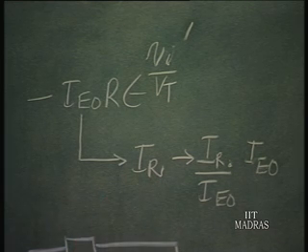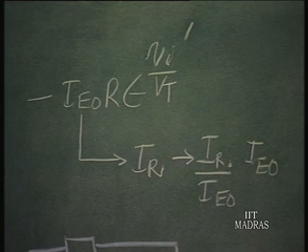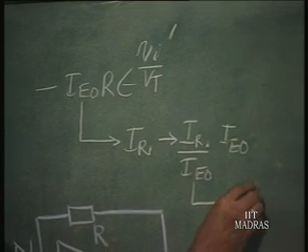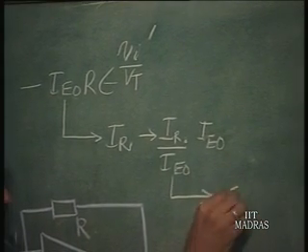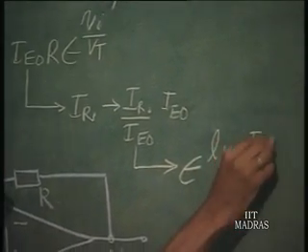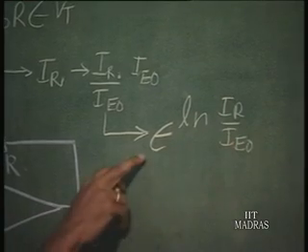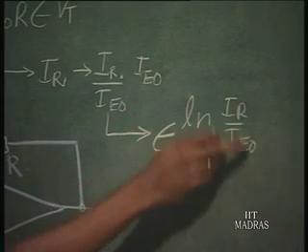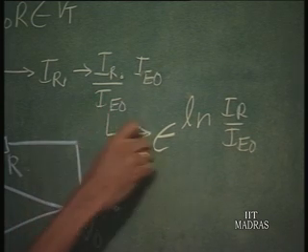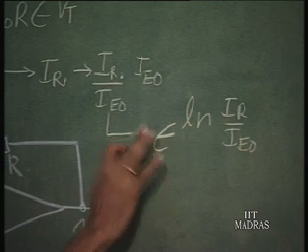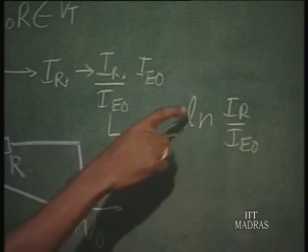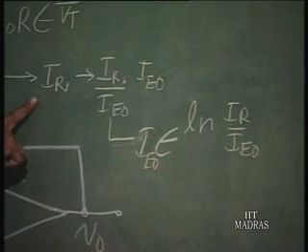So, how do I get IR by IE naught? That is possible if I have a factor like this coming from the exponent log of IR by IE naught, because exponent of log of IR by IE naught is IR by IE naught itself. So, this factor can be obtained, that means this into IE naught if you get, okay, this is what it is going to be. It will be IR by IE naught into IE naught, which will be actually giving IR.